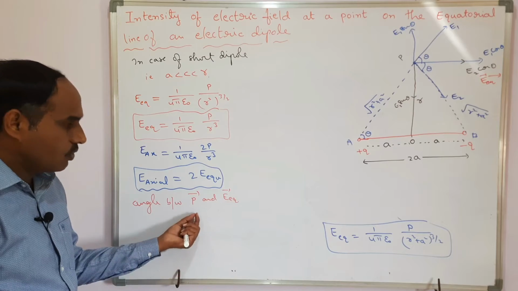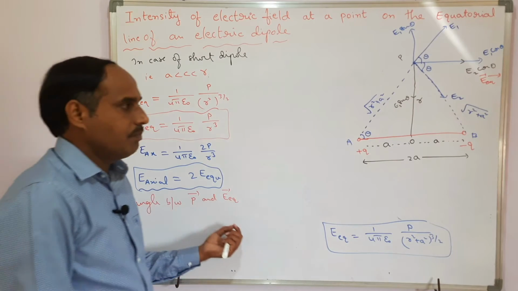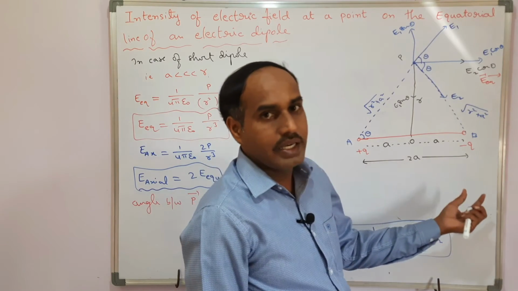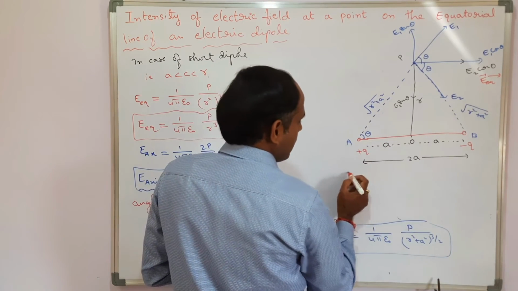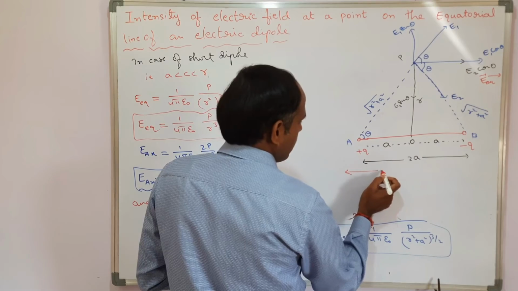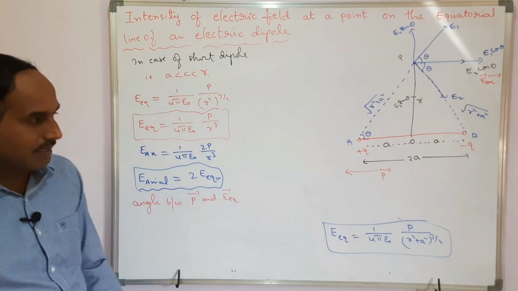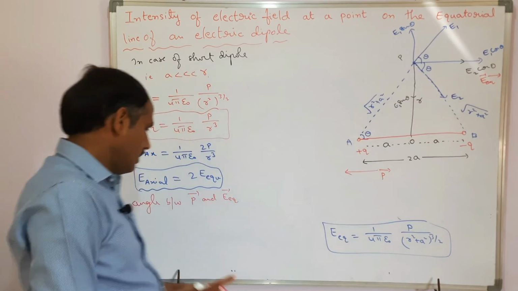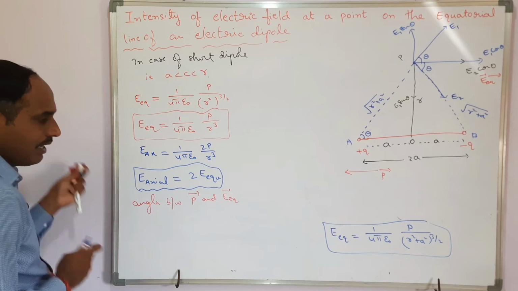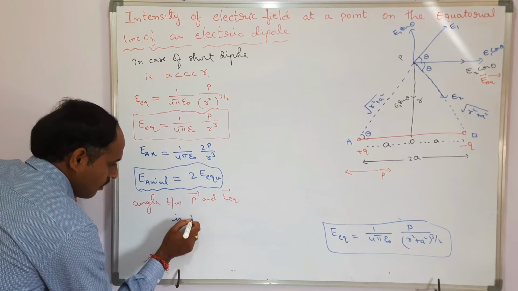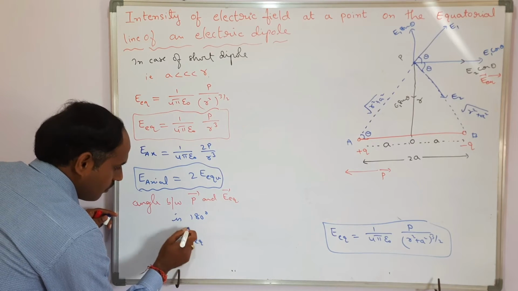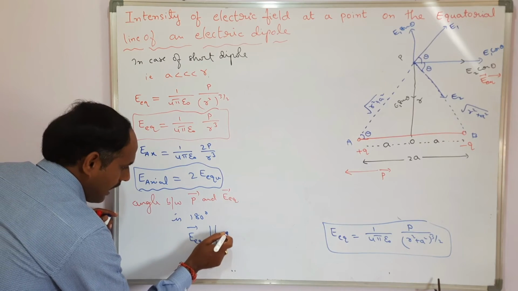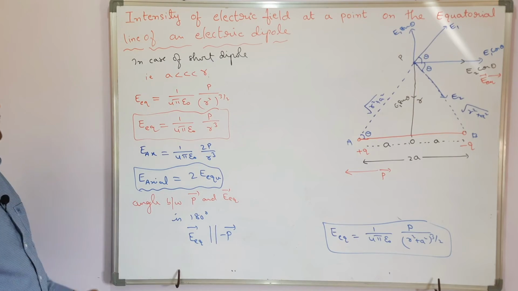Now, the direction of dipole moment is from negative to positive, so the dipole moment will be in the leftward direction as P bar. Therefore, the angle between P bar and E on equatorial line is 180 degrees, which means E on equatorial line is anti-parallel to the dipole moment direction.